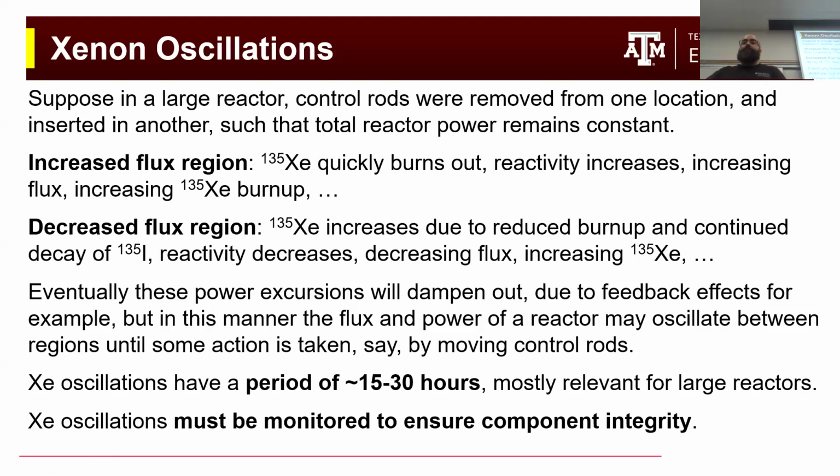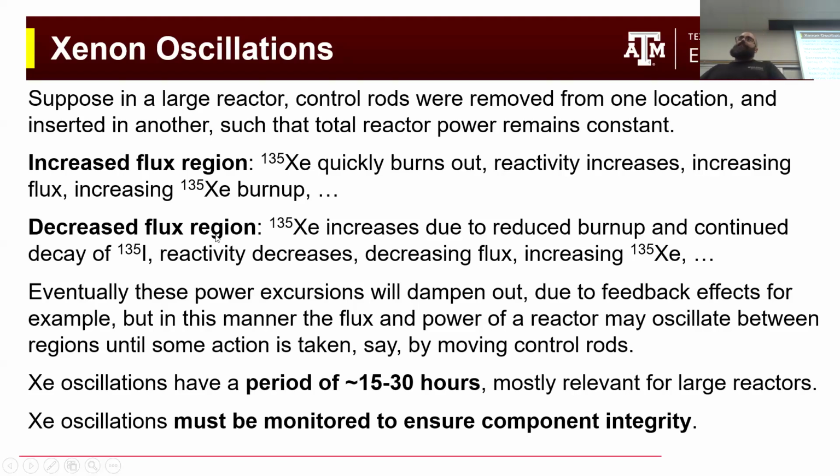That xenon going away results in a reactivity addition, because not as much of it is there to absorb things. That increase in reactivity causes a further increase in flux, which increases the amount of xenon that gets burned up.